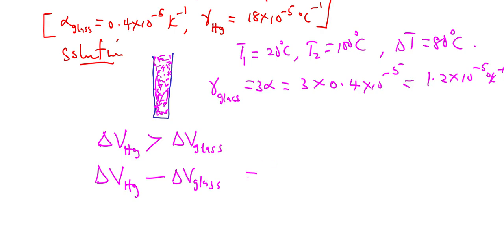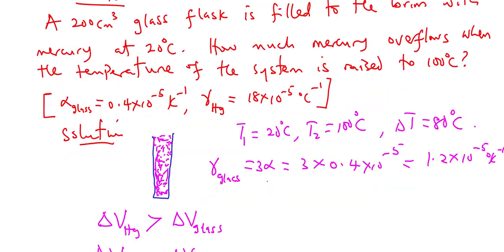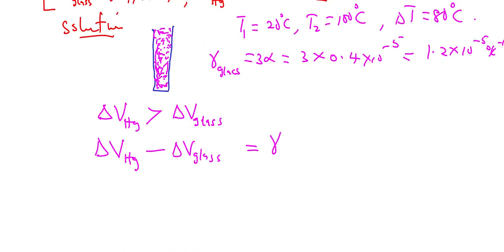And we are going to use equation 8 for the two, so gamma V naught delta T. So this will be gamma for mercury, the initial volume, delta T, minus gamma for glass, initial volume, delta T. They both have the same initial volume because the mercury fills the glass. So the initial volume is 200 cm cubed.